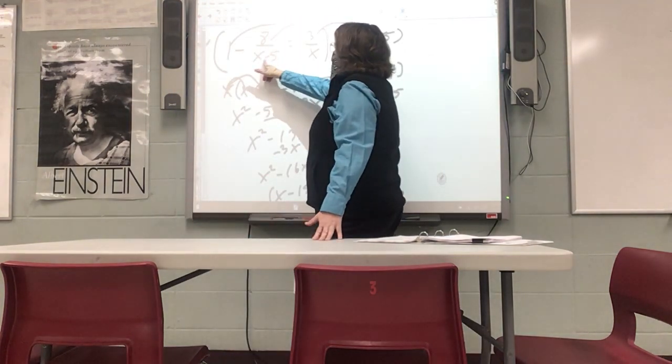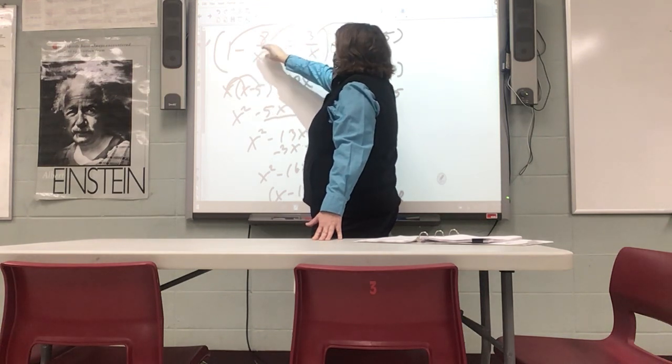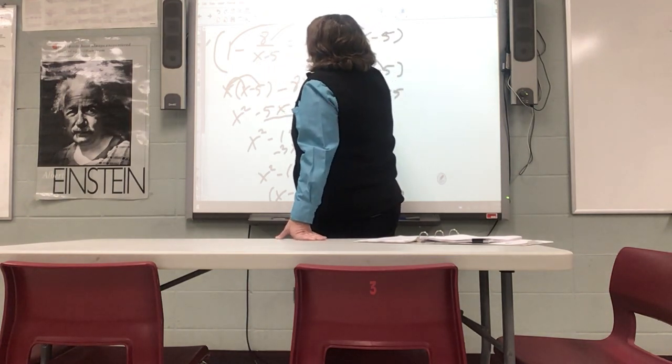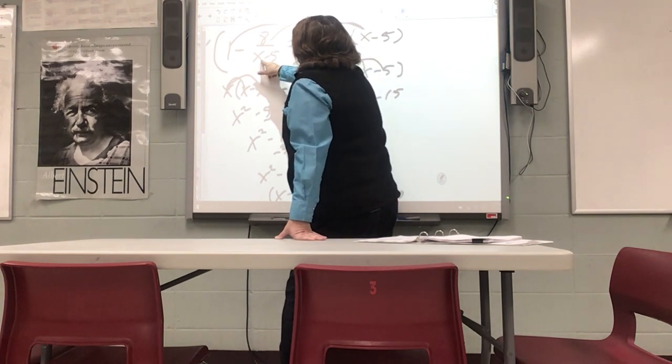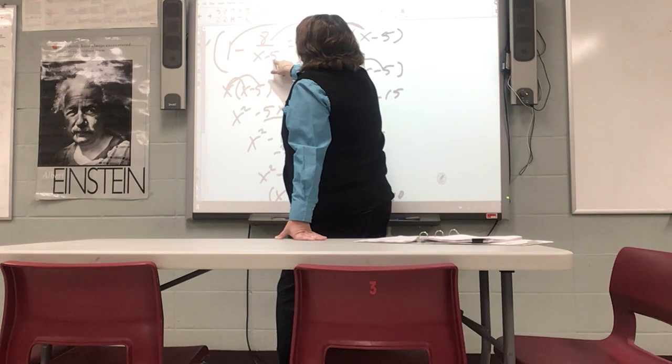15 minus 5 is 10. So 1 minus 8/10 is 2/10. Is that right? Sounds right. I'll plug it in. Wait, what? Then it doesn't work? 15 minus 5 is 10, it's 1/5.